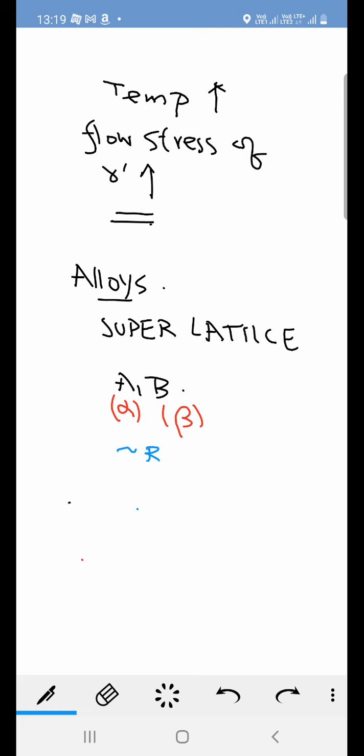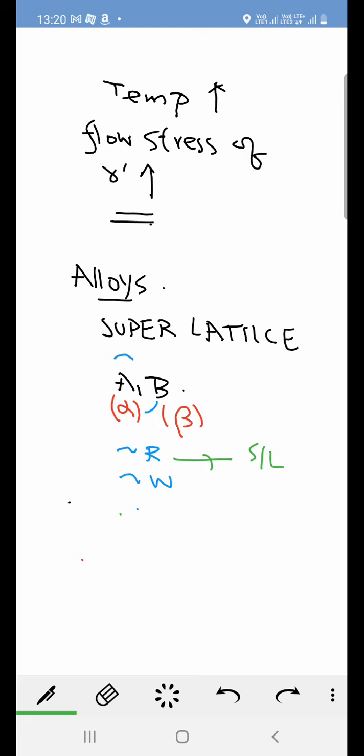However, if some of the alpha sites are occupied by B atoms and vice versa, then we say that those atoms are wrong atoms. If all the atoms are right atoms, we call it a superlattice, which is a hypothetical or very rare concept.